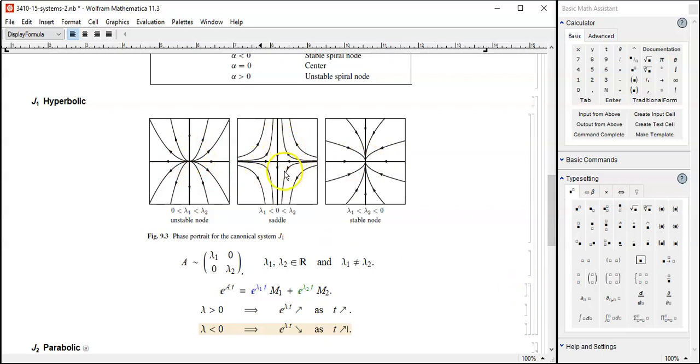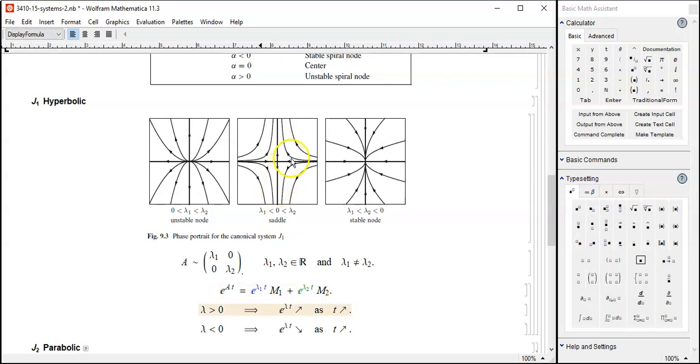How about the saddle case in the middle? One is positive, one is negative. So this is negative, so going down. In the x direction, the horizontal direction, it compresses and decreases. And this is getting bigger and bigger, because lambda 2 is positive, so vertically, in the y direction, it moves away from the origin.